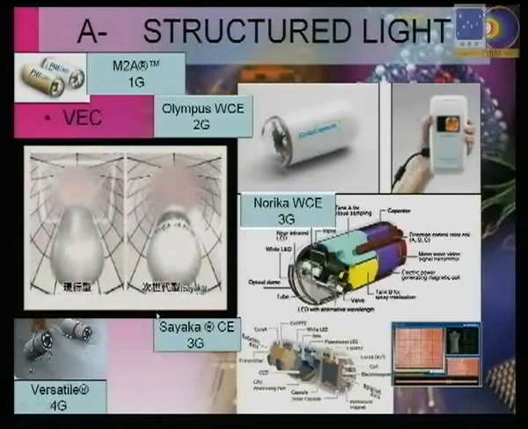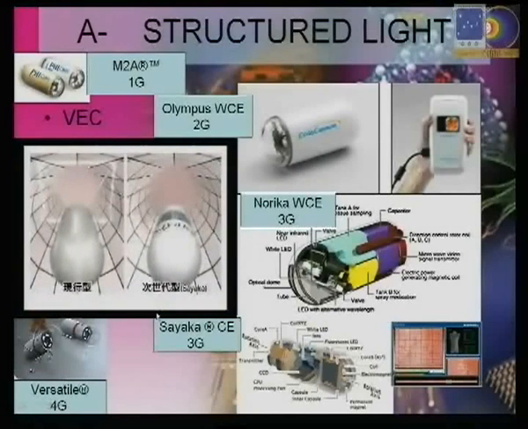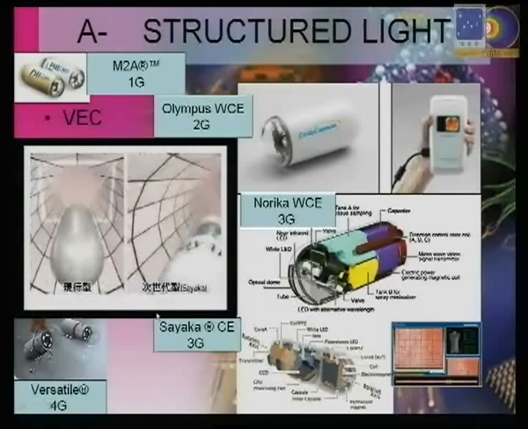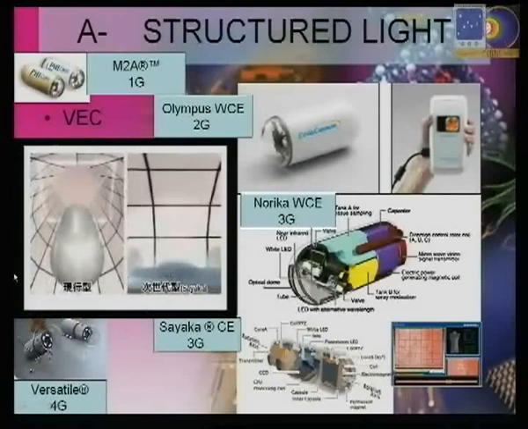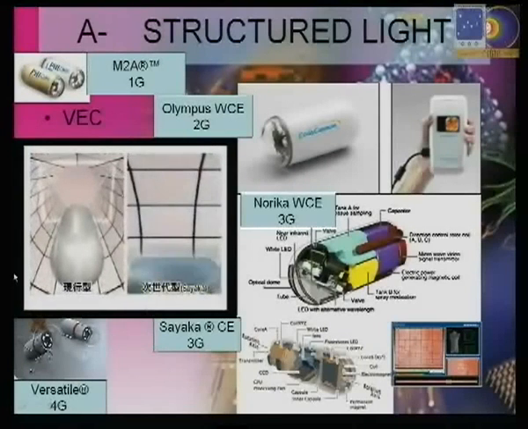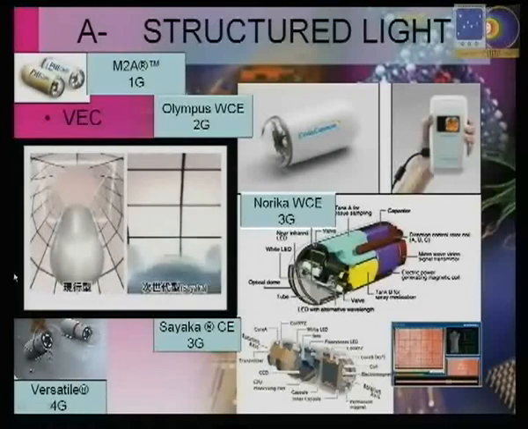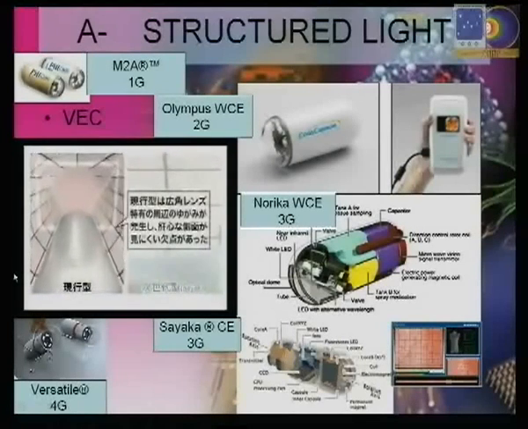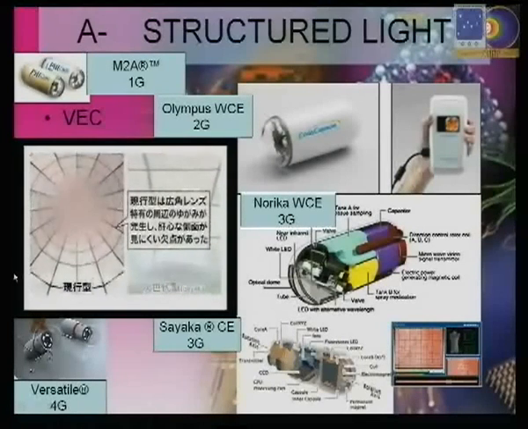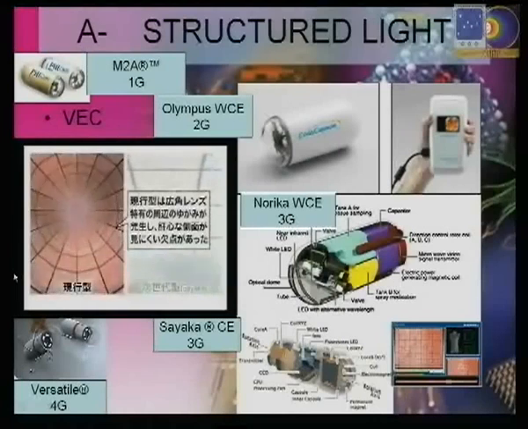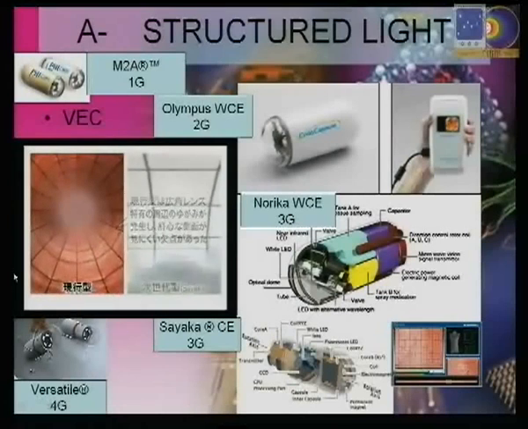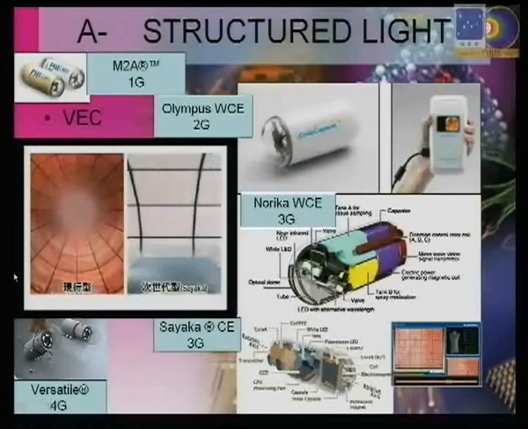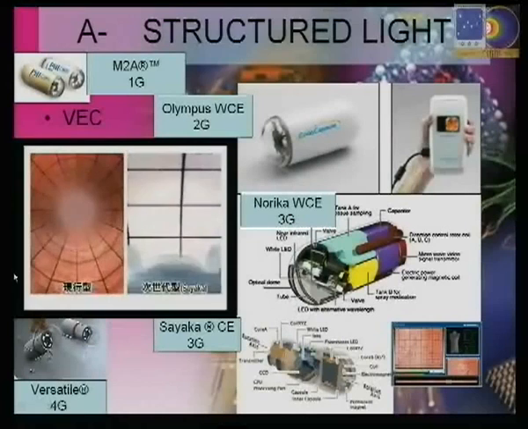One of the problems of these capsules is that they can get stuck somewhere. And in order to avoid getting the capsule lost, not because it's a problem to lose it, because it doesn't matter, now I think that they reuse it. Initially it was one use only. The problem is that they can block the gastrointestinal transit, particularly when there is a neoplasm.